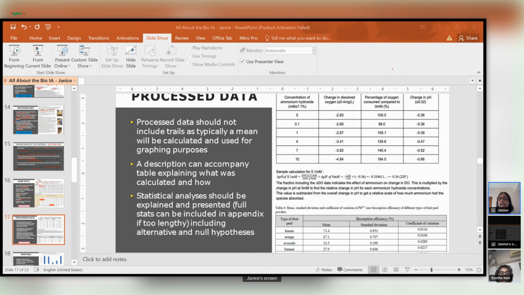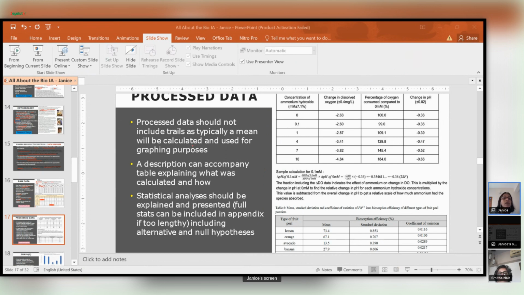The change in pH is what I have got in the raw data, which I calculated in my previous one, and I have put it over here, and I will show how I have done it. Here is again the mean. I have calculated the mean, and this is the standard deviation.